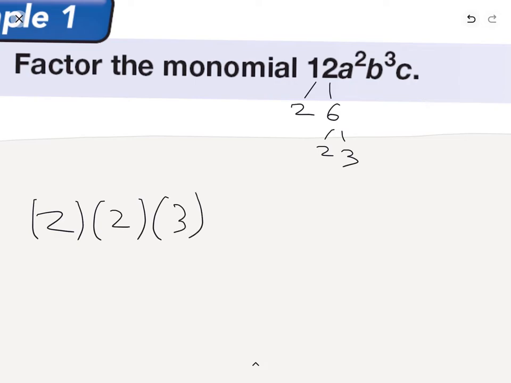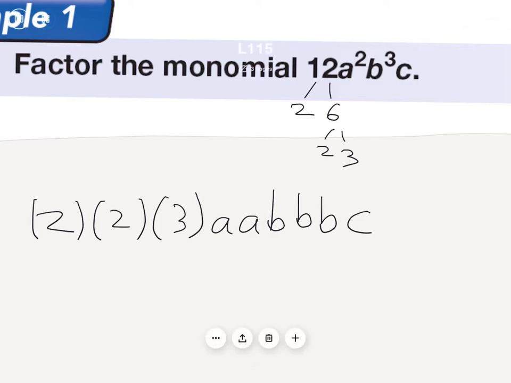And then we just put the number of variables in individually as there are exponents for it. So a squared is a times a. B cubed is b times b times b. And just need to bring down one c. And that's it, which seems kind of reviewy to me anyway. That's good.